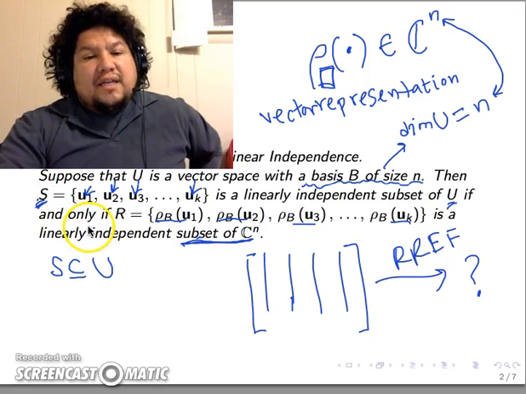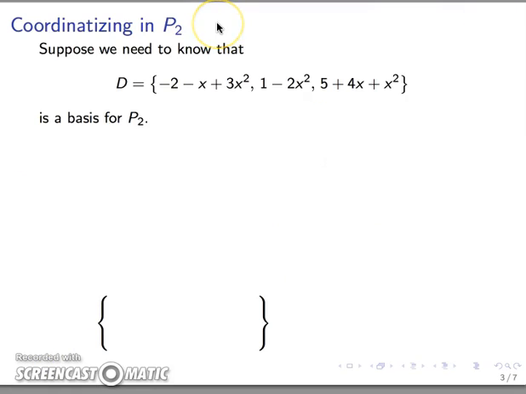to then go back and establish that this set S is linearly dependent or linearly independent. So let's now consider the vector space P sub 2, polynomials of degree 2, and this set D, which contains polynomials of degree 2, is both linearly independent and spanning. In other words, the span of D is exactly equal to P sub 2.